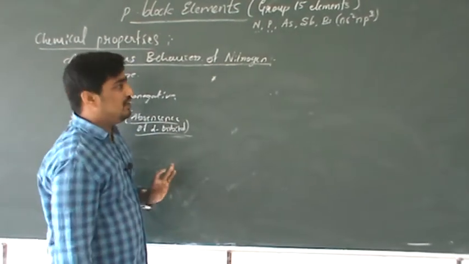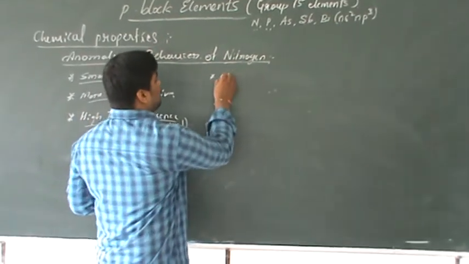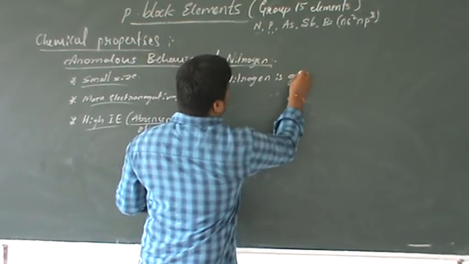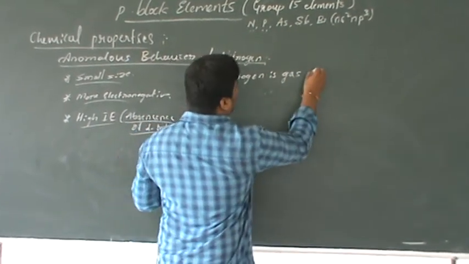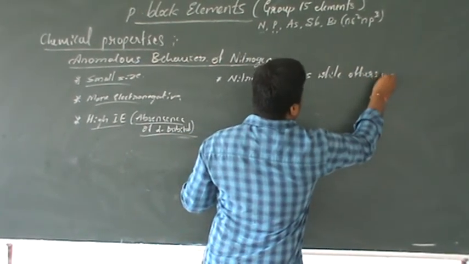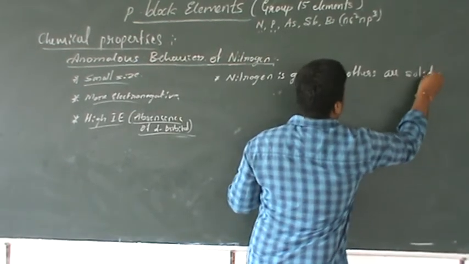What are the anomalous behaviors? I am considering only the important ones. One is nitrogen is a gas, while others are solids.